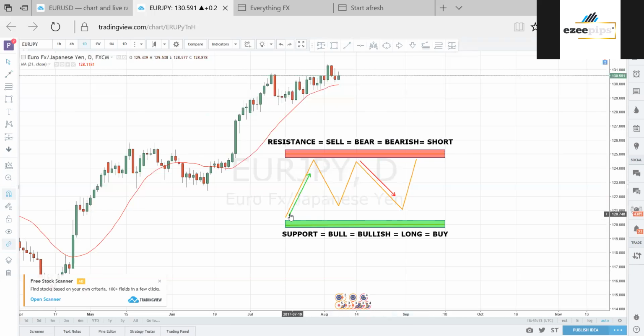Now, which candles tell you to buy at levels of support? I'm going to draw this nice candle here. This is at a level of support. Make it a little bit shorter. Good.